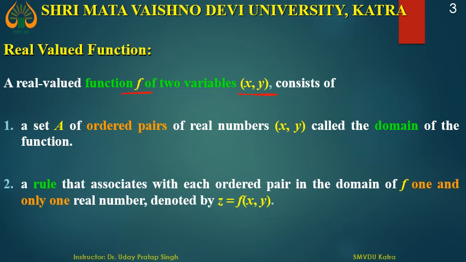If f is a function from A to B, then A is known as domain of the function and B is known as codomain of the function. Capital A is domain of f.